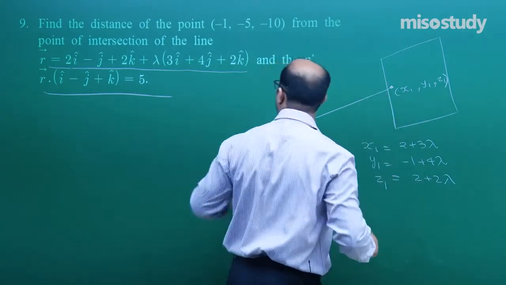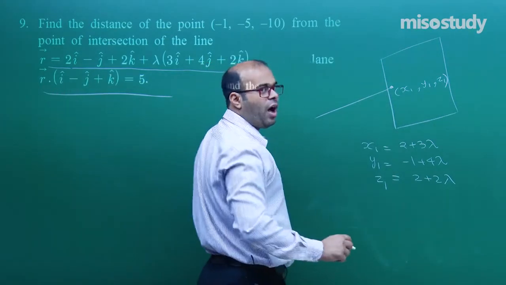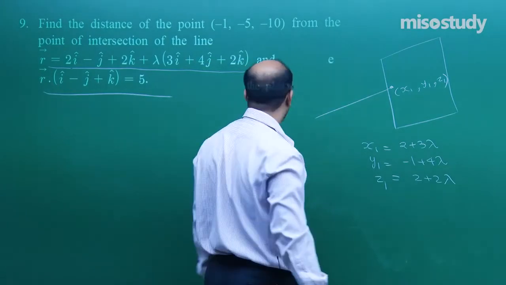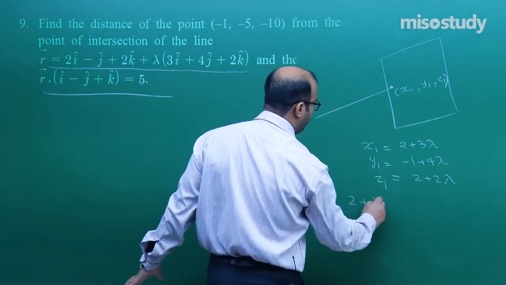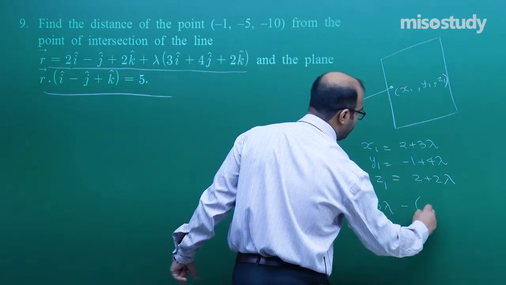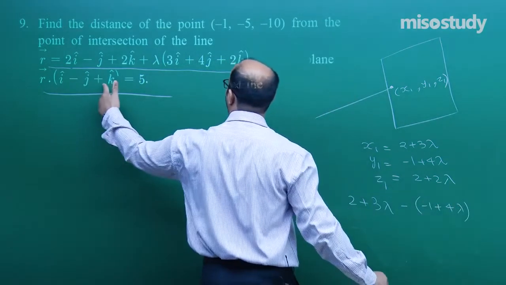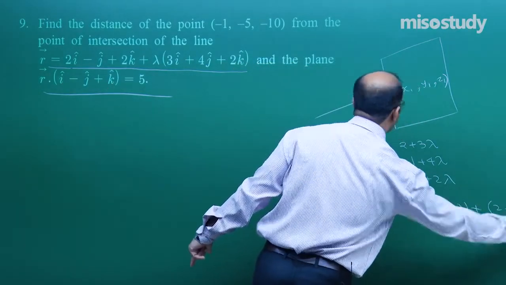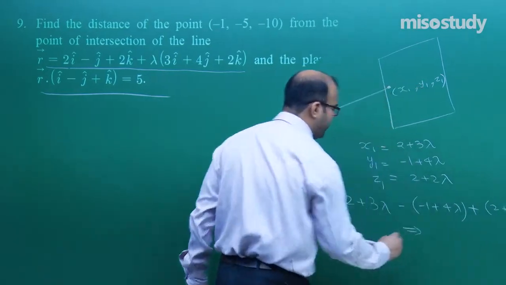So, we substitute x1, y1, z1 here, and when we substitute it in place of r as x1 i cap plus y1 j cap plus z1 k cap and do the dot product with this, we will get 2 plus 3 lambda into 1 minus 1 plus 4 lambda, because here it is -1, plus 1 into 2 plus 2 lambda is equal to 5. So, from here we will get a value of lambda.